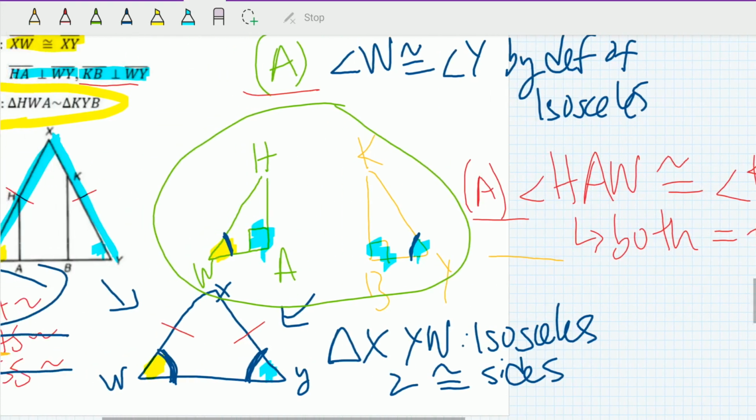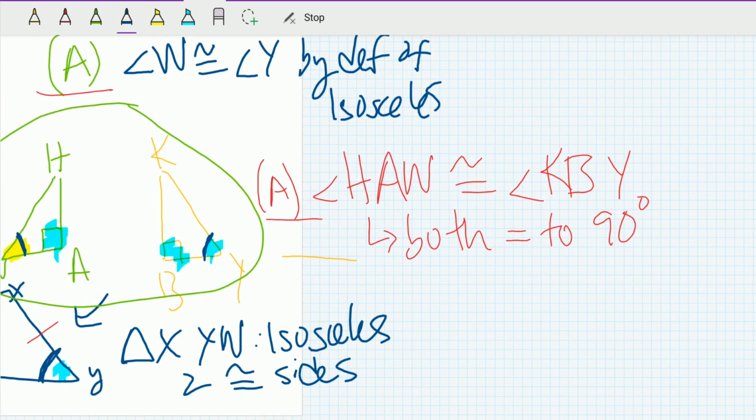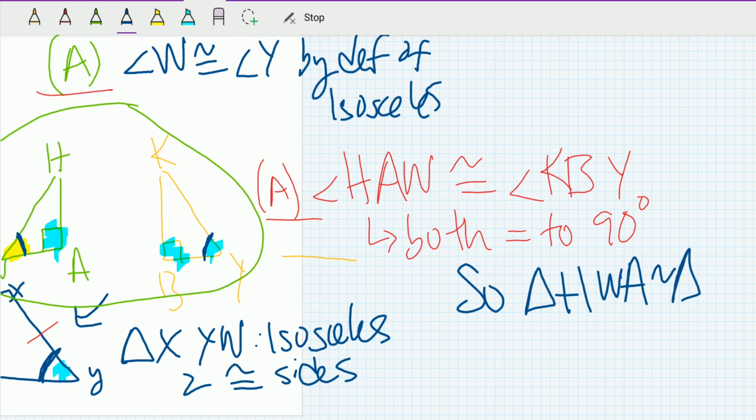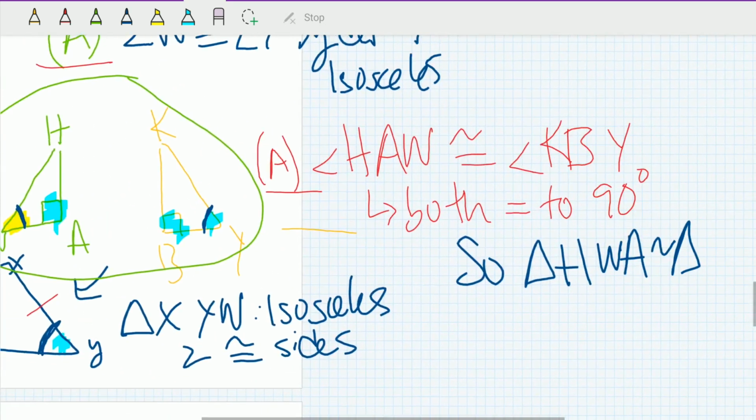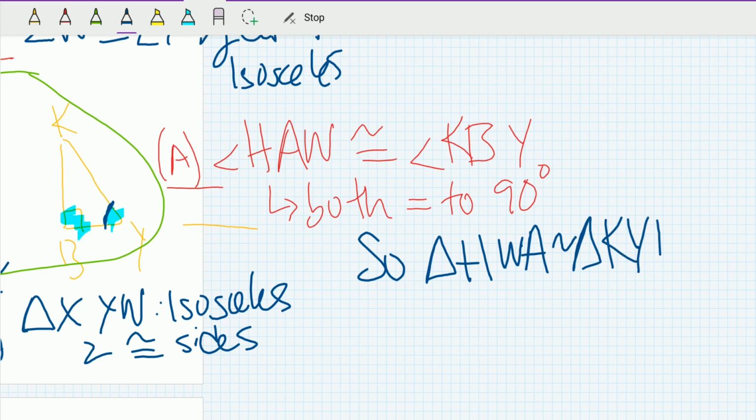Okay, I was trying to see if I had made a mistake or anything. So HWA, all right. So then we can say triangle HWA is similar to triangle KYB by AA similarity, okay?